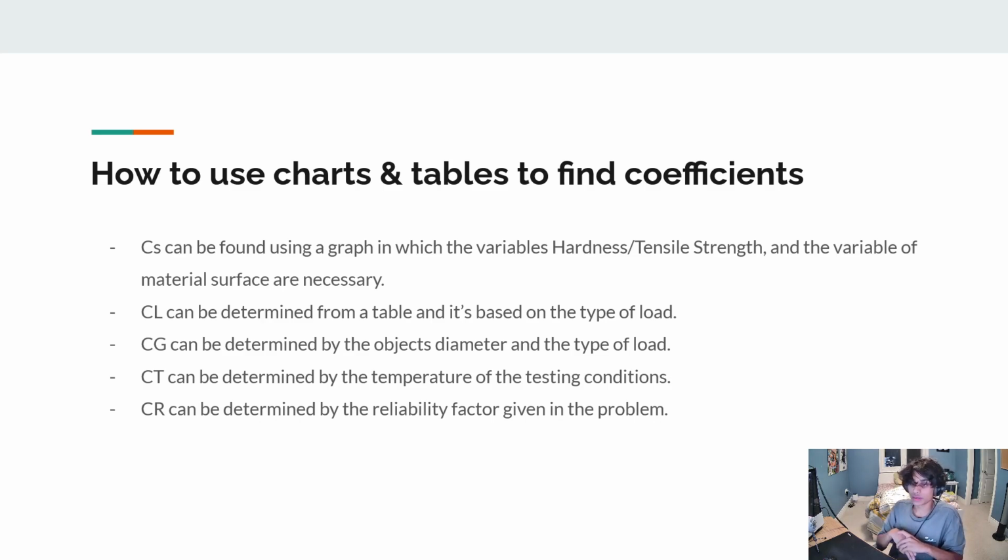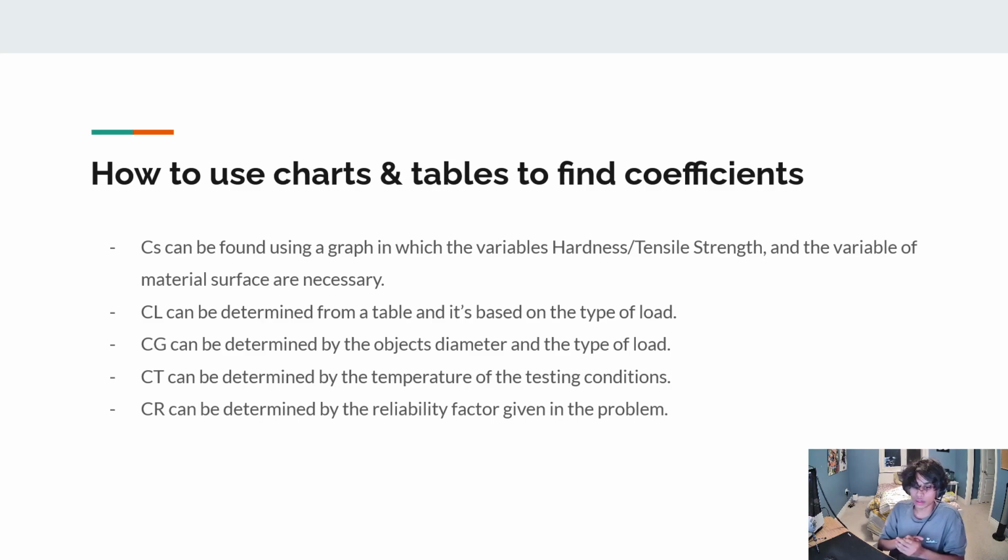CG can be determined by the object's diameter and the type of load. CT can be determined by the temperature of the testing conditions. Usually it's under 50 degrees Celsius, so that would be 1. And from the table that's provided, we only get the values for steel. So there you go. CR can be determined by the reliability factor given in the problem.